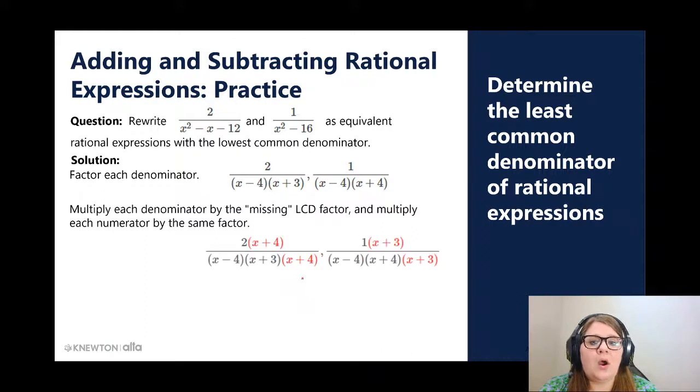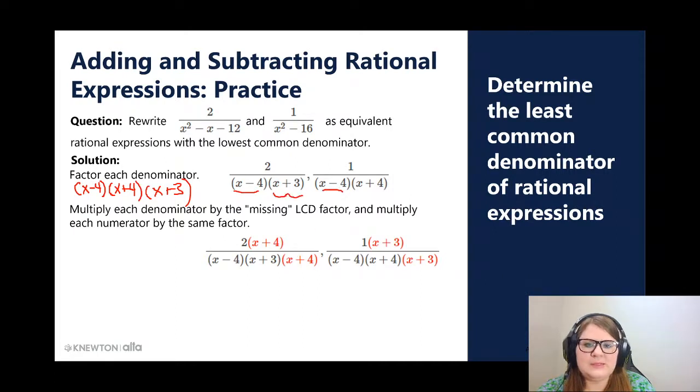We're going to write out our factors vertically, and we're going to find out what's missing. Notice that our lowest common denominator is x minus 4, x plus 4, and x plus 3 once we've written them out. Because we have x minus 4, which is repeated, x plus 3 is unique, and x plus 4 is unique.